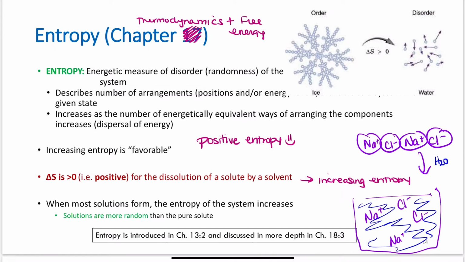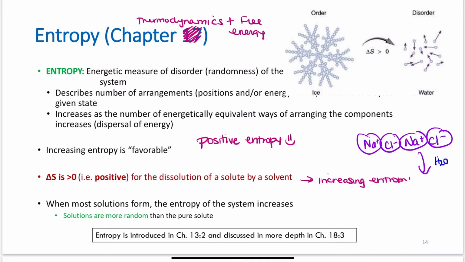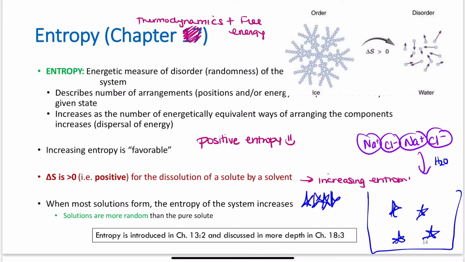Even if I dissolve something that's not going to break apart into ions, say I dissolve sugar or sucrose. Say I'm dissolving some particle that looks like a little star. If I have a bunch of little stars all packed together versus little stars throughout the system, it's just more disordered. It's an increase in entropy, and it's favorable.